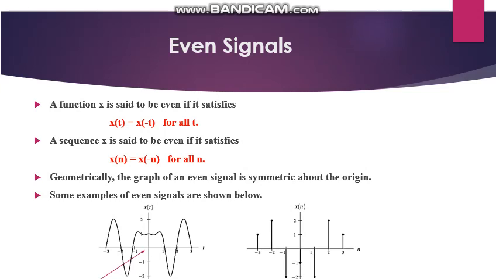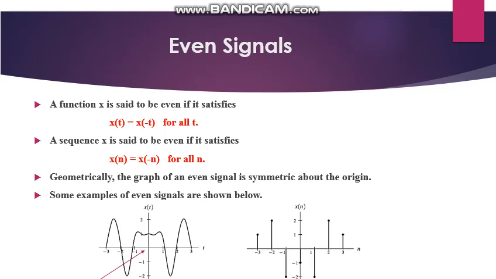So geometrically, you can see there are two graphs that have been added here in the slide, two distinguished signals. The first signal is the continuous time signal. You can see there is one kind of reflection or mirror symmetry between the two axes.